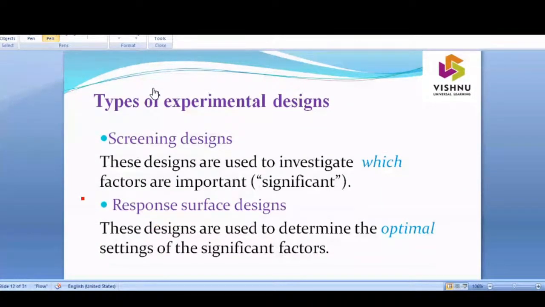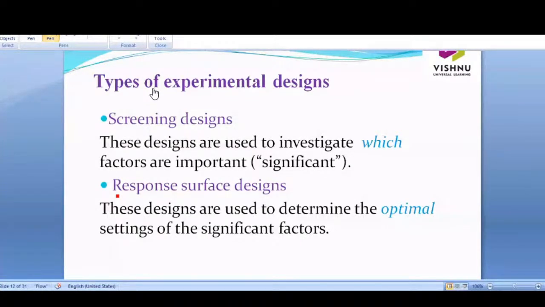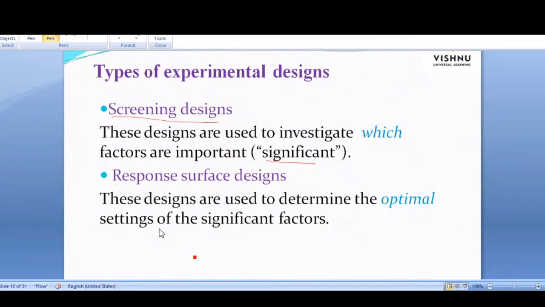Okay, that is very useful and easy. So what are the types of experimental designs? There are two types of experimental designs. First, we have to screen the design. These screening designs are especially used to find the significant variables. After obtaining the significant variables, we go for the response surface design to find the optimal settings.